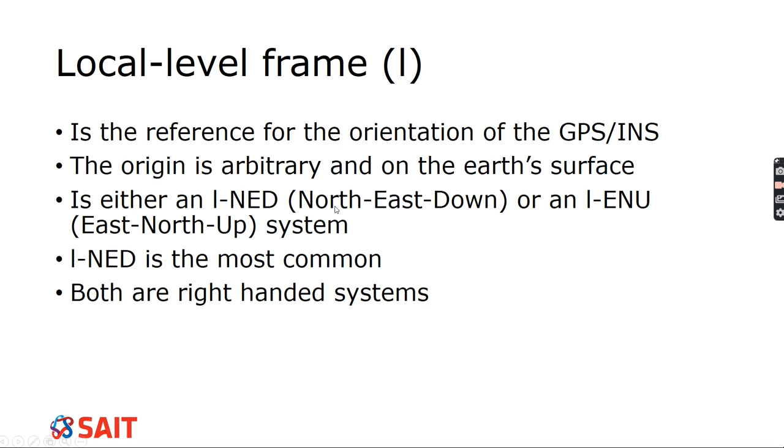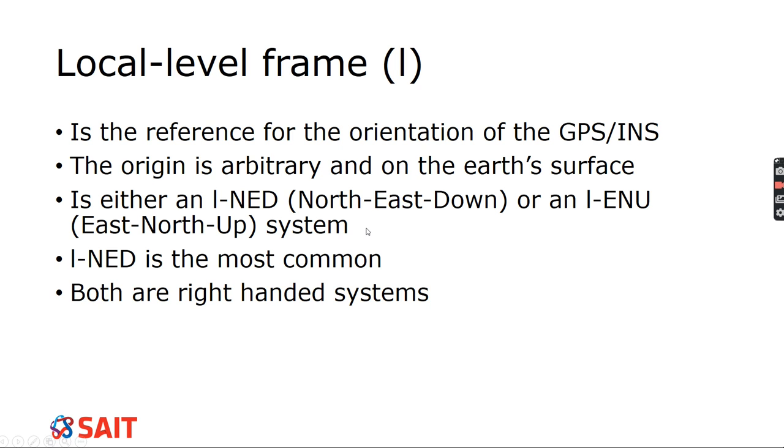LNED is where it points north, so the X is north, the Y is east, and the Z is down. Or we have the ENU, which is east, which is our X, then north, which is Y, and up, which is the Z. Usually the LNED is the most common, so we'll use that one, pointing into the ground, towards the geoid.